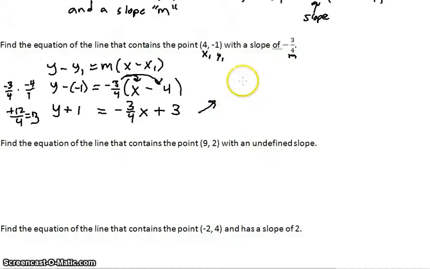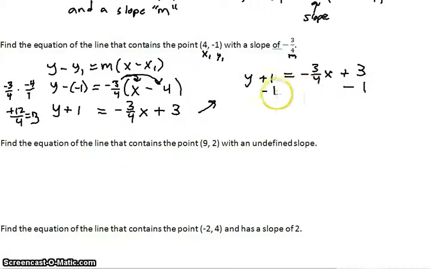You might ask, well, what do I do with this now? Well, I'm just going to rewrite this up here. We want to solve this for y so that we have a nice equation that has a slope and a y-intercept to graph. So in order to solve this for y, we have this plus 1 that we have to deal with. So I'm going to subtract 1. And notice we have this plus 3 on the other side.